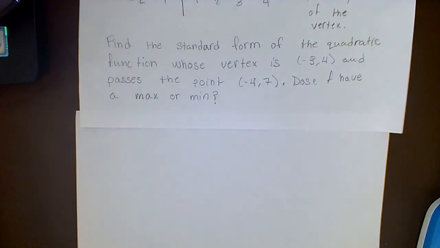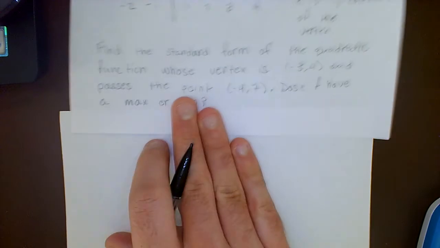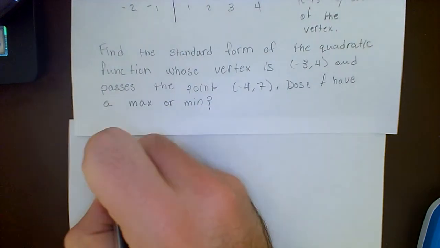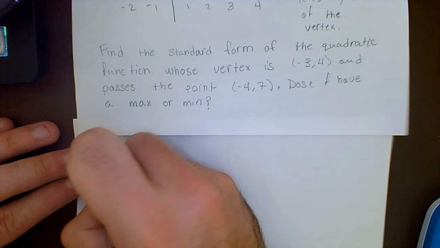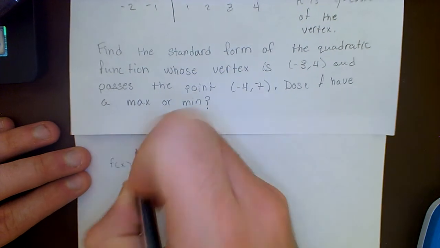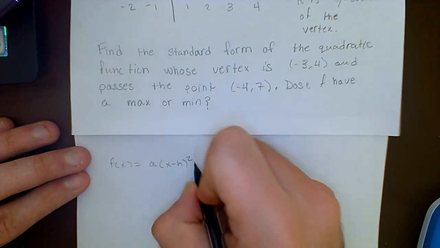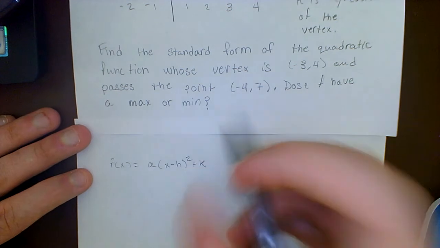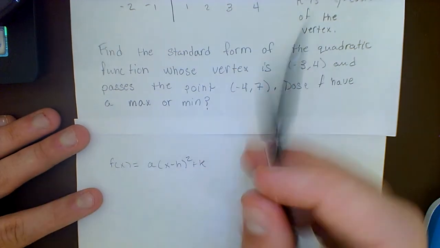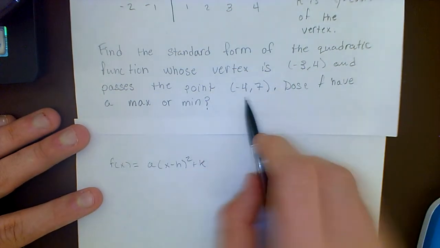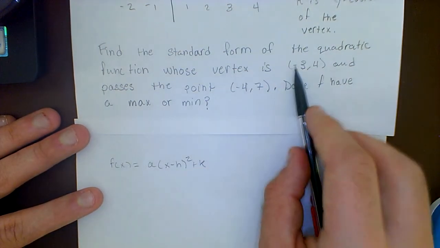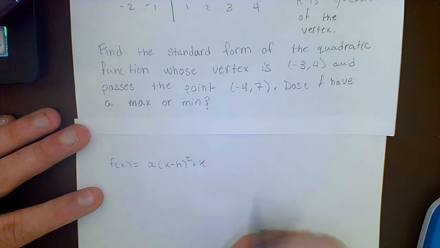So remember, we have to take this information here and write it in standard form. So f of x is then a times x minus h squared plus k. Here, the vertex is the coordinate -3, 4.